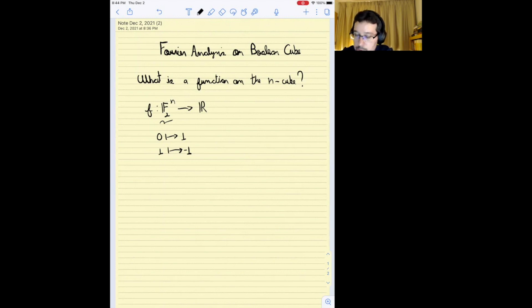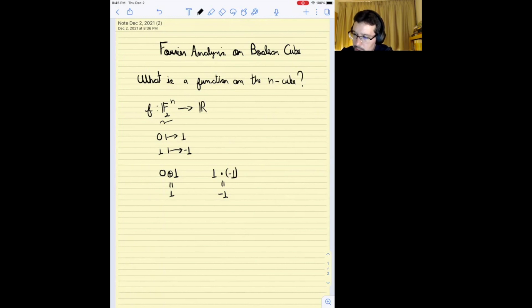And it's going to respect the group operation. So if you're applying the XOR here, this is going to be equivalent to taking the representation and doing pointwise multiplication, right? So it respects the group operation.